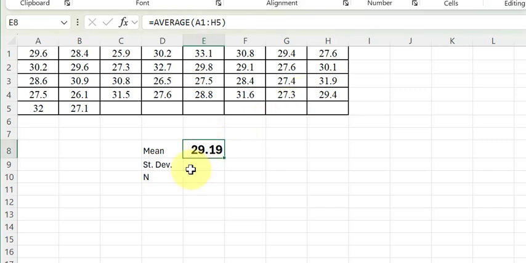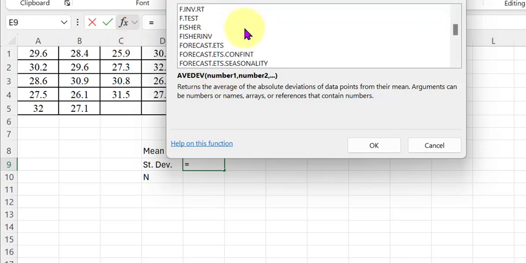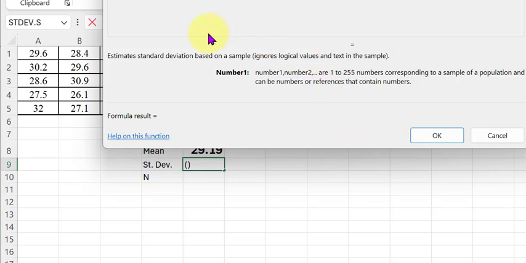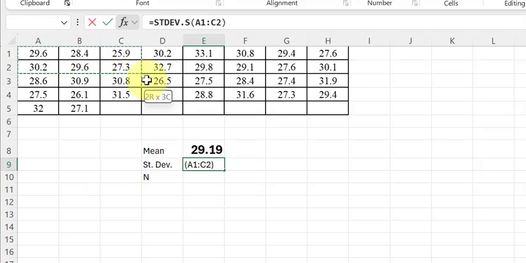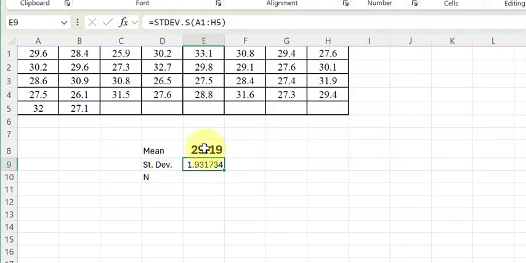Now standard deviation, I click that cell, I go to the function bar, make sure I'm in statistical, and we go to STDEV.S, with an S. Same thing, I'm going to highlight all the data. And boom. So let's make that like that.